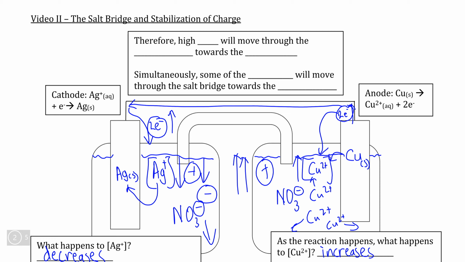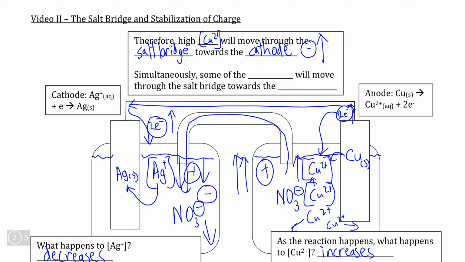So the point is, these copper ions building up in the anode do not want to stay together. They will naturally want to move to a location that has a large amount of negative charge. So therefore, the high concentration of copper ions will naturally move through the salt bridge, which is its intended purpose, towards the cathode, because at the cathode we have an accumulation of negative charge.